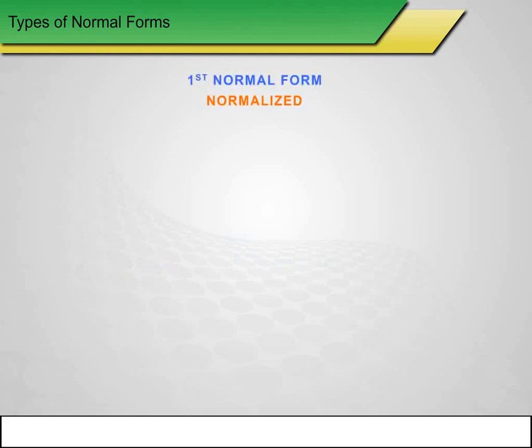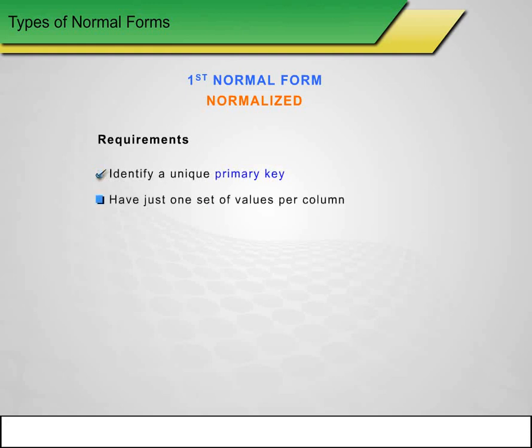First normal form, normalized. Requirements: identify a unique primary key, have just one set of values per column, have just one value per cell, eliminate repeating data.